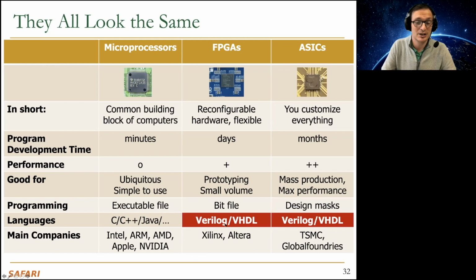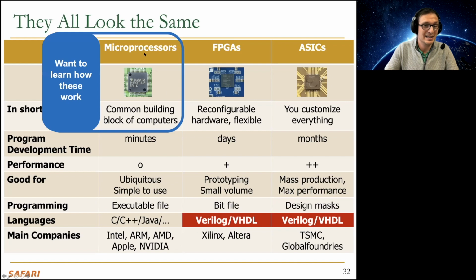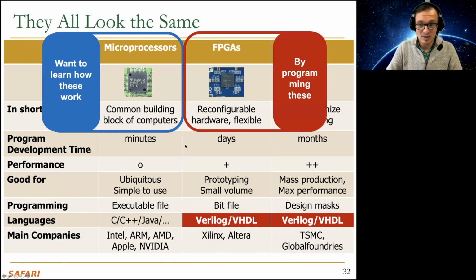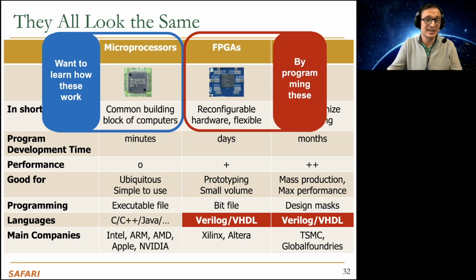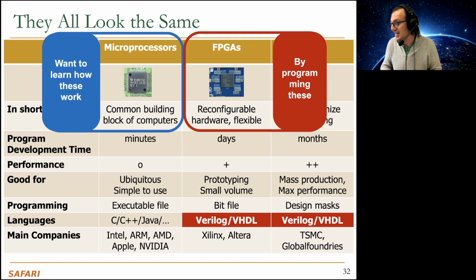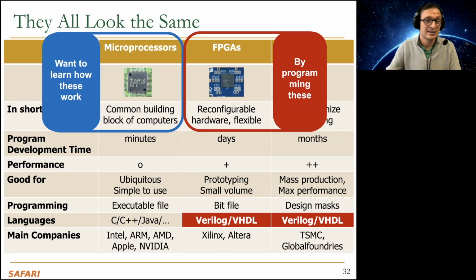So in this course, we're going to look a lot into Verilog, as we've discussed. And we're going to focus a lot on how microprocessors work, although we're going to talk about FPGAs and GPUs a lot as well. But in the labs, we're going to program FPGAs to create essentially a microprocessor on an FPGA. So clearly FPGAs are flexible, so you can instantiate or create anything on an FPGA.